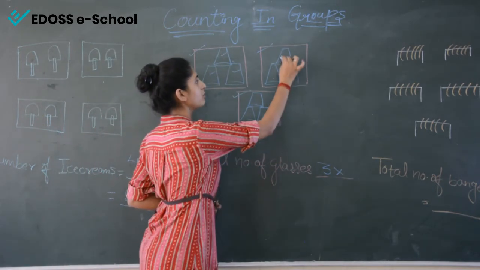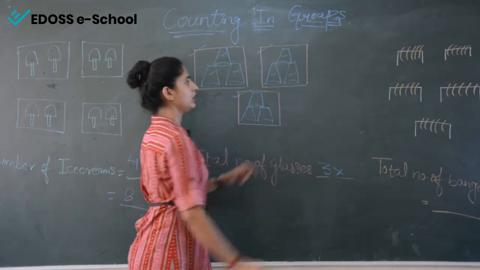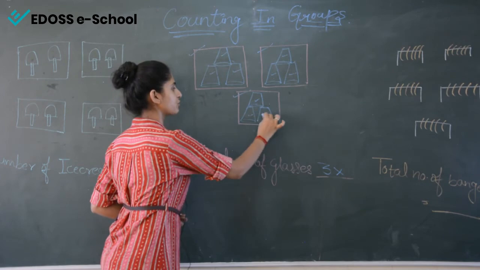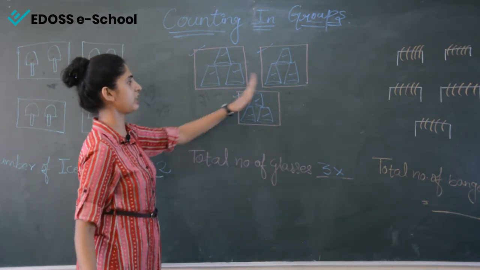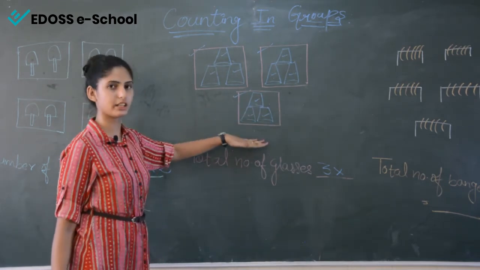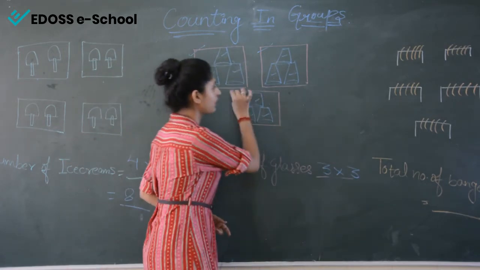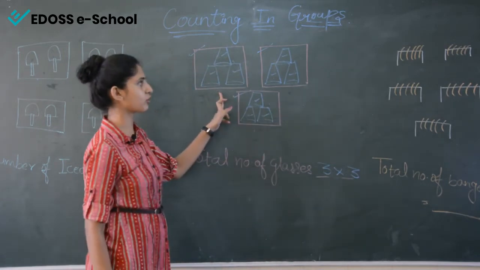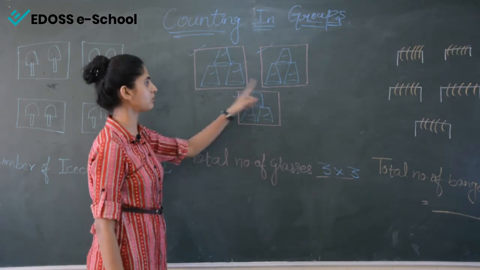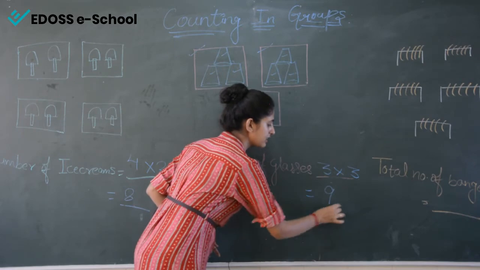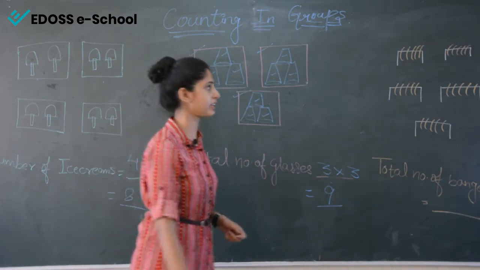In the second group 1, 2, 3, again 3 glasses, and in the third group 1, 2, 3, 3 glasses. In each group the same number of glasses are there, that is 3. So we'll multiply it by 3. So 3 groups and in each group there are 3 glasses. So 3, 3 and 3, that is 3 multiplied by 3. 3 3s are 9. Let's move on to the next example.